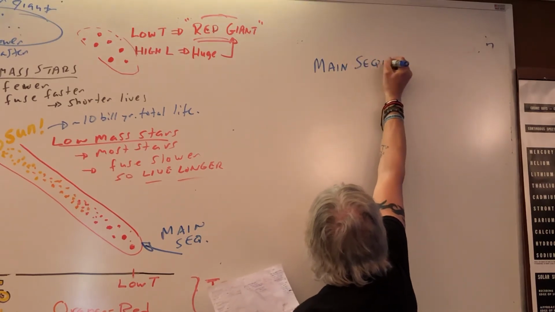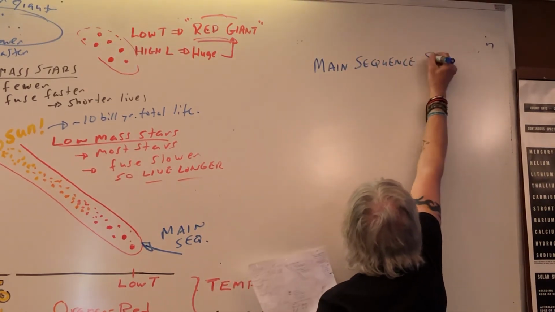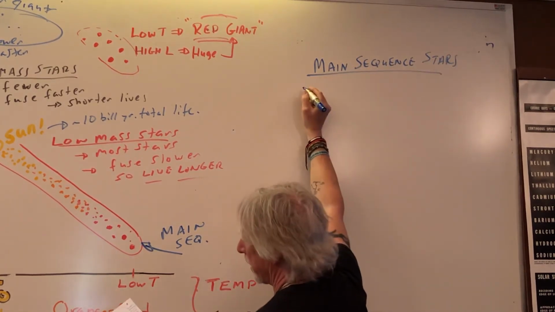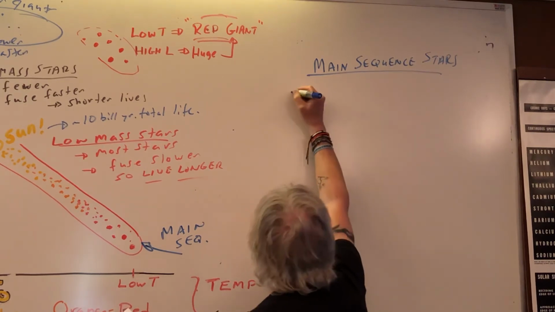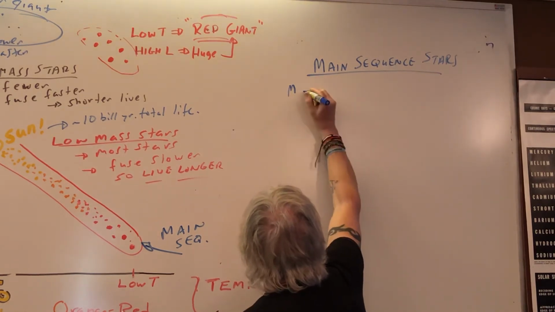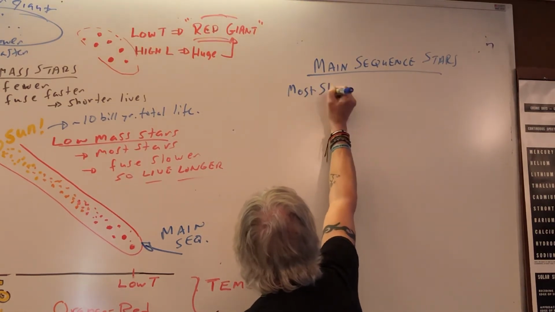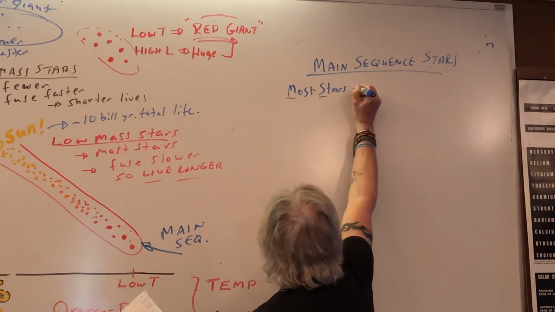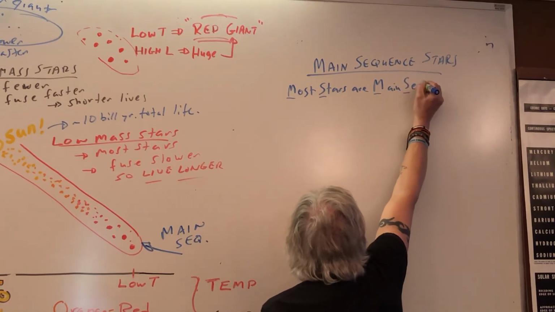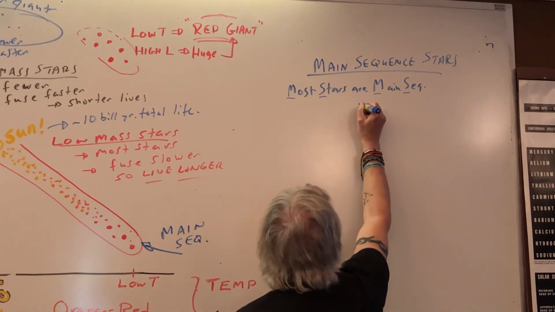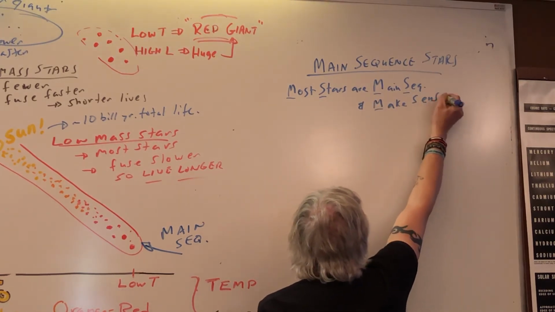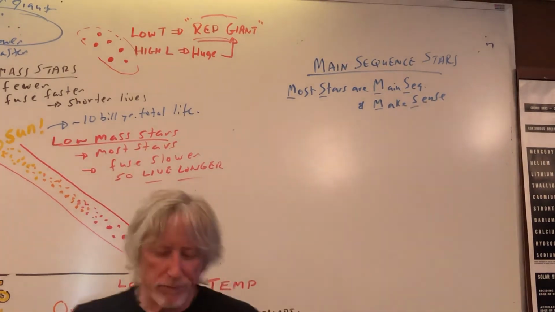Main sequence stars. Most stars are main sequence and make sense. How do they make sense?